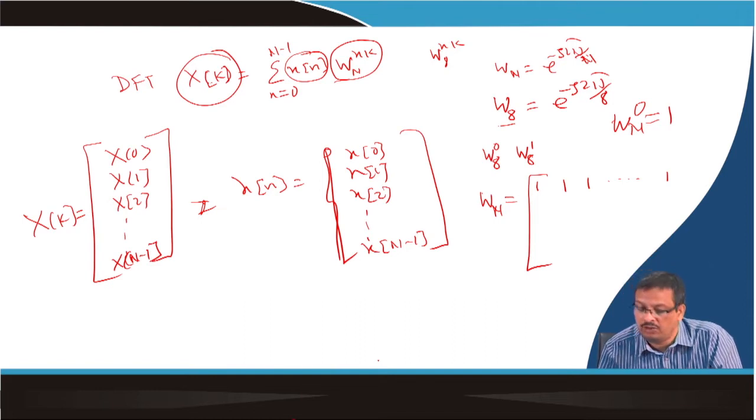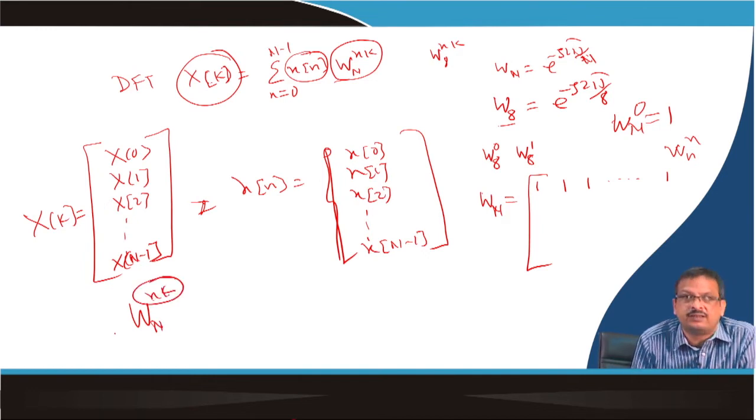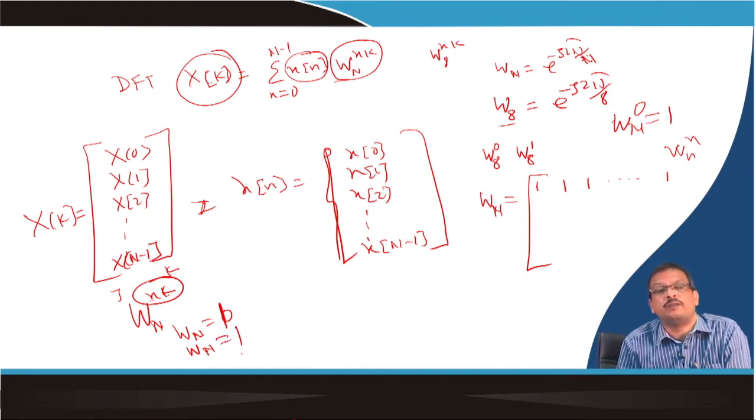Similarly, this side I get W_N to the power nk. Understand? You can say there is an nk index, with k index and n index. If the n index is 0, then W_N is 1, and when k equal to 0, then also it is 1.